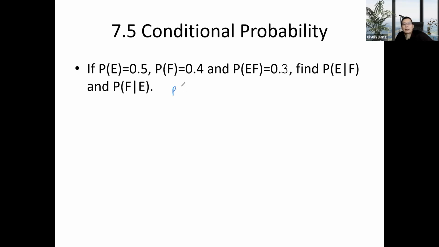So probability of E given F by the definition is the probability of the intersection divided by the probability of the given information. Usually there are 2 mistakes students have. One is doing this. That is usually wrong, and usually it's greater than 1.